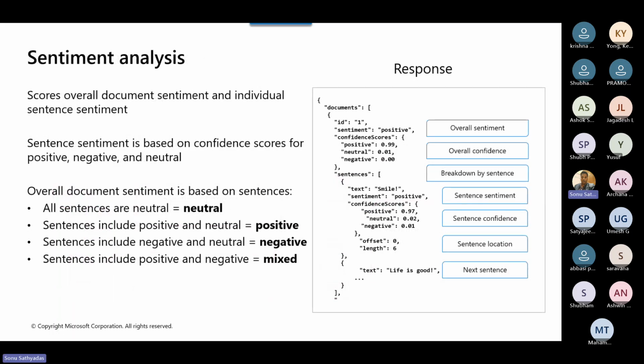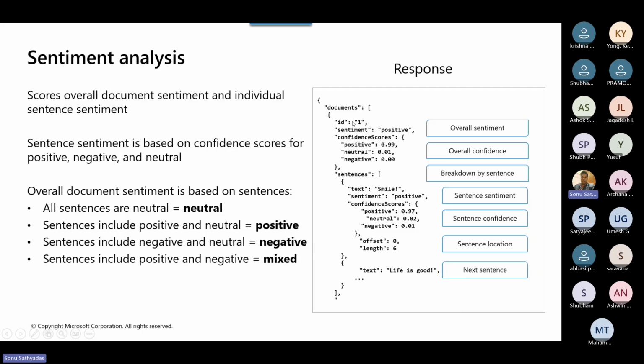Sentiment analysis is also a feature of the text analysis service where we can provide multiple sentences or a single sentence as argument, and it returns what the sentiment is. If there are multiple sentences, it identifies the sentiment of each and every sentence, and then provides a common sentiment also. Sentence sentiment is based on the confidence score for positive, negative, and neutral.